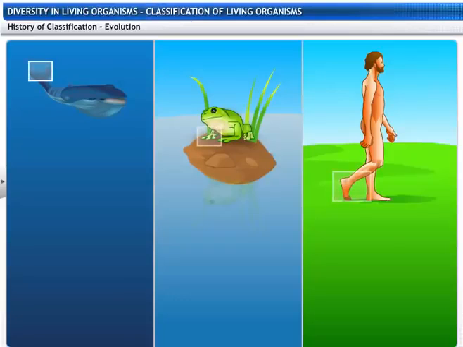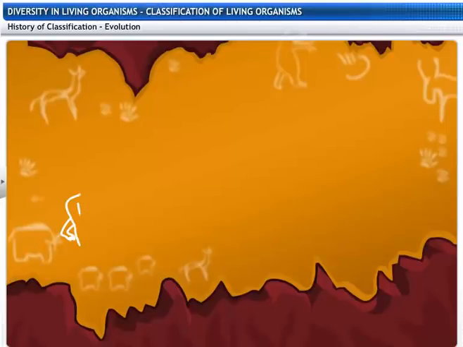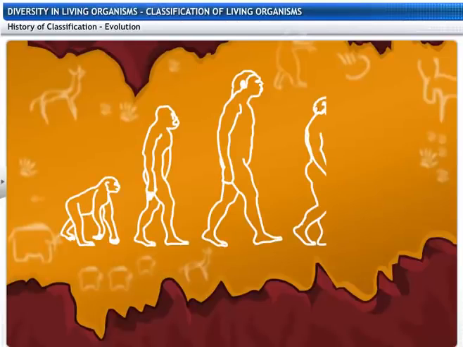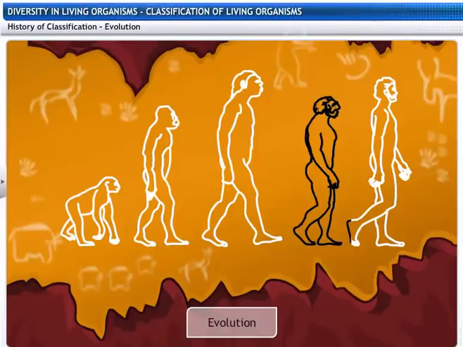All living things are classified on the basis of their form and function. But forms and functions evolve with time. Evolution is the change in inherited traits from one generation to the next.